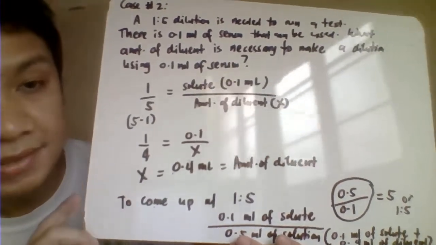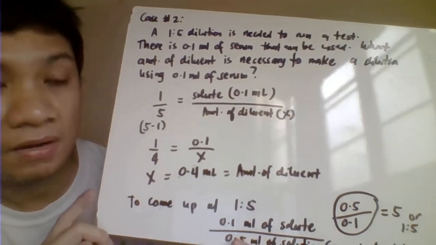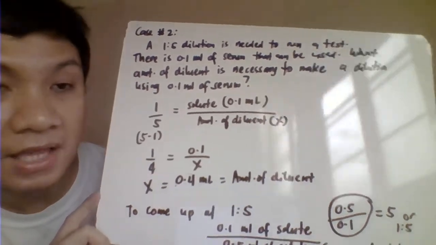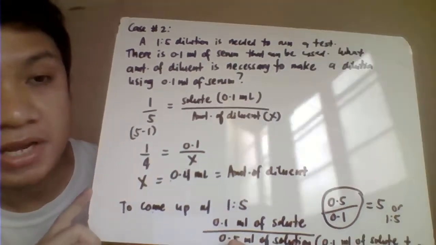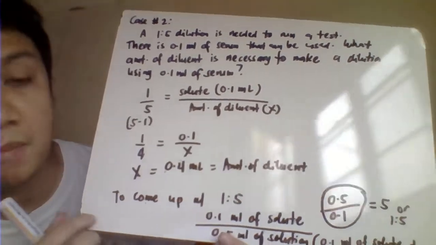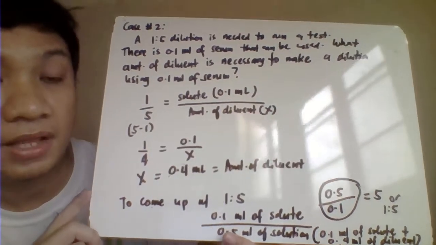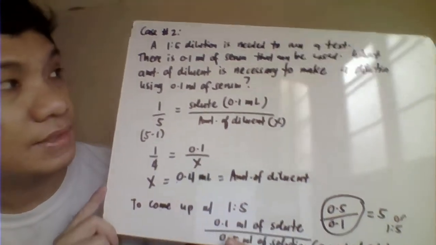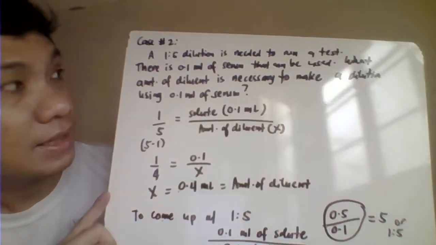Okay, another problem. Here we're going to compute for the diluent. Our given is the dilution and the amount of your solute, so what you're going to compute is the amount of the solvent or your diluent. We have a 1:5 dilution needed to run a test.